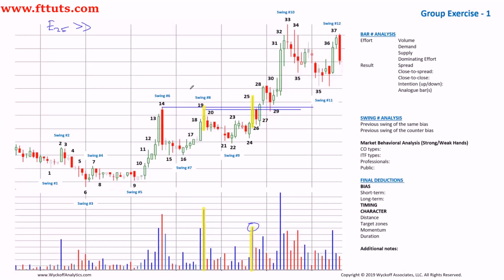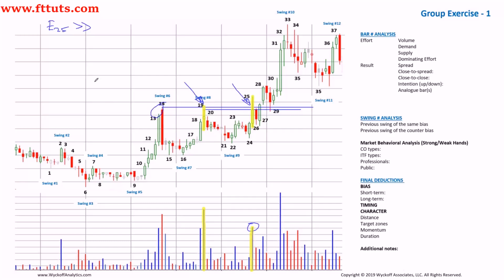It tried to overcome the resistance from bar 14. Yeah, it's the same price action. We are trying to commit above the resistance, therefore suggesting that we could overcome the supply that is present at this horizontal level of the bar 13, 14. So this cluster right here.